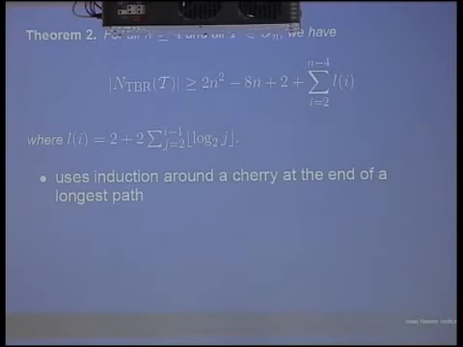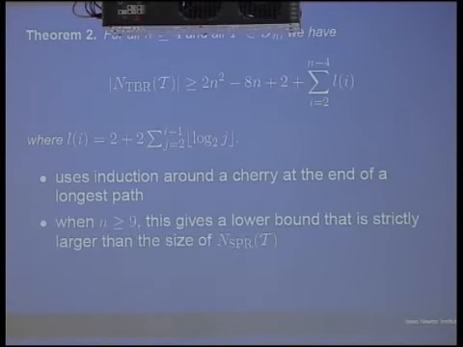Otherwise, you'd have a longer path going through there, and that's the best I've managed to get so far for the lower bound. There are ways in which you can get a better one, assuming that your tree has a certain number of leaves, but it just gets messy. Messier than this, believe it or not.